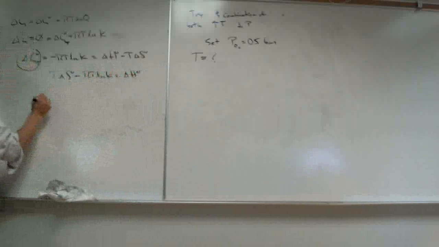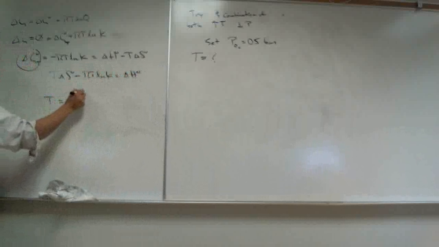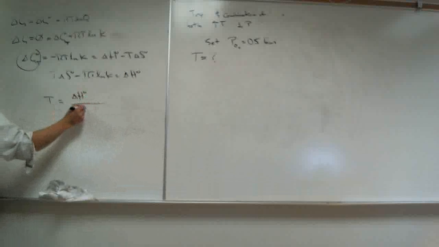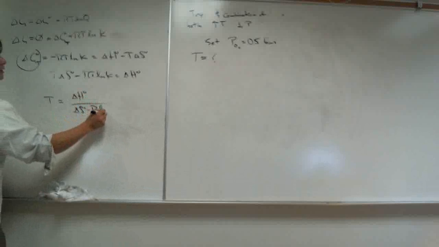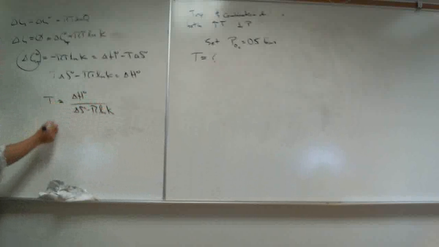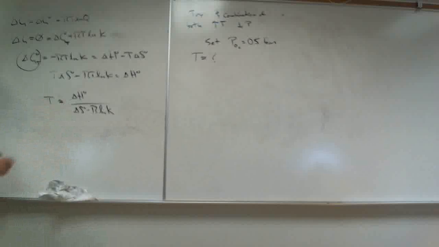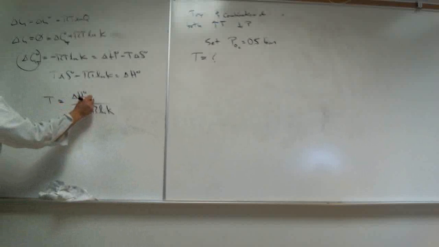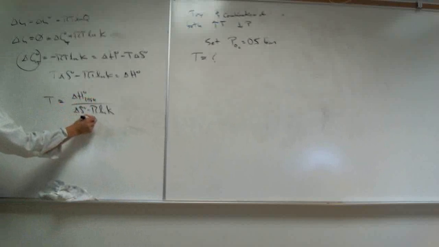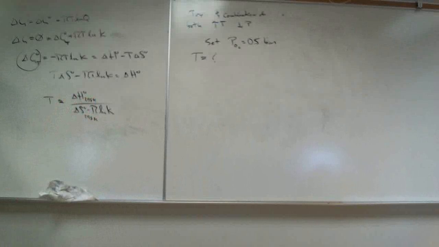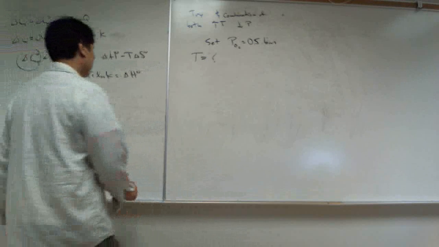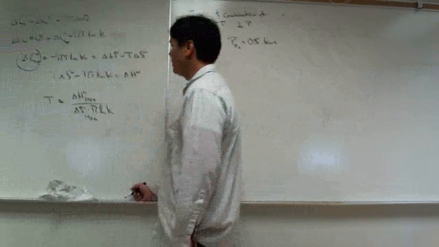And then solve for T. T is equal to delta H naught divided by delta S naught minus R ln of K. And so now we have this data at 298, and we're going to make the assumption that the data at 298 is close to the data at whatever temperature we calculate. It would be better to have the delta H and delta S values for that temperature, but we don't. It's impossible.